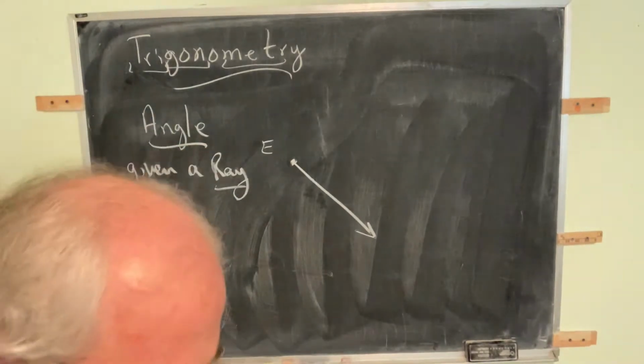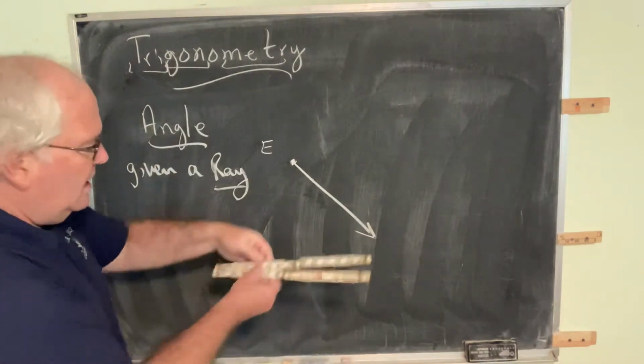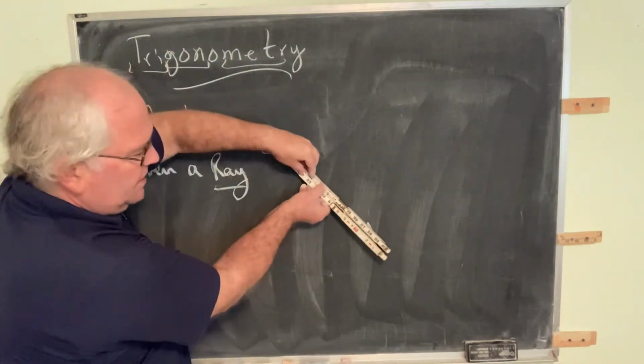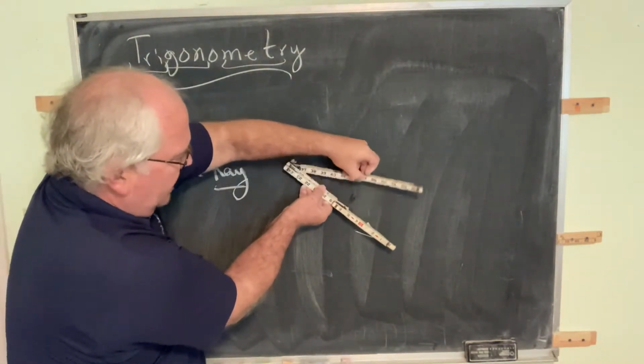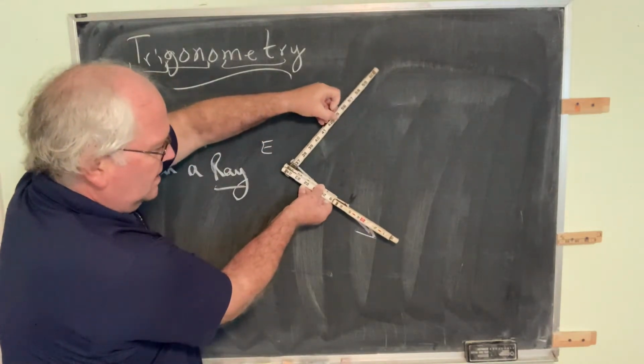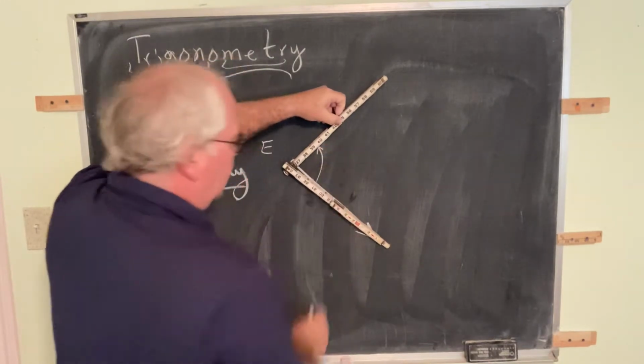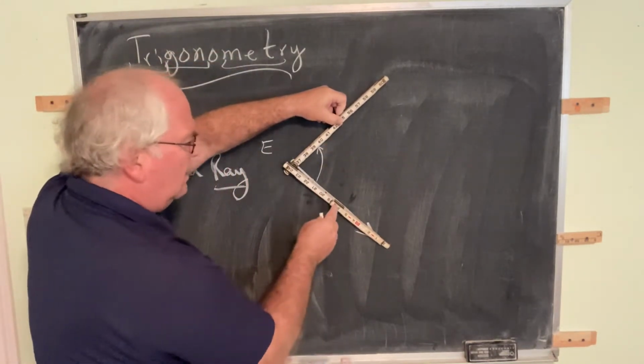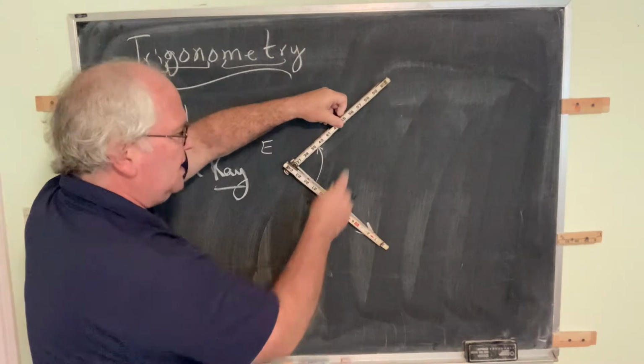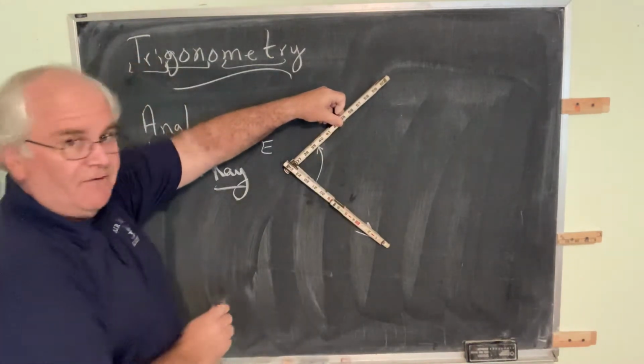Now I have a little ruler here. This might help you see what's happening. The ruler is the ray, and then we rotate. See how I'm rotating this? And so this rotates until we have this is the side where it starts, and this is the side where it ends. They have official names.